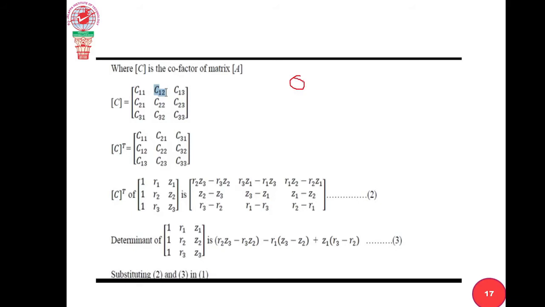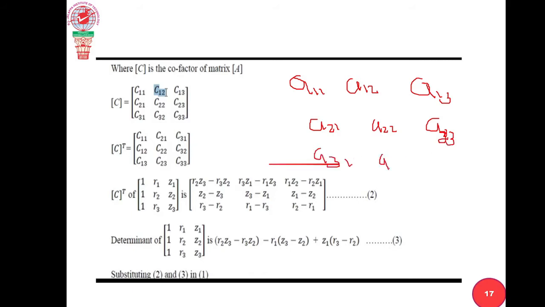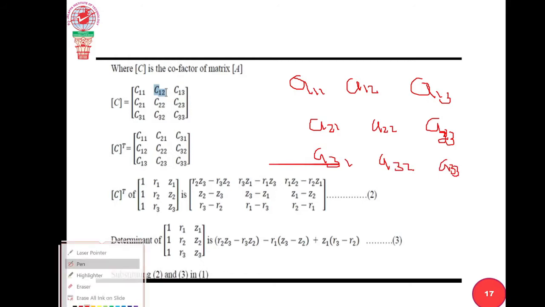In basics, like A11, A12, A13, A21, A22, A23, A31, A32, A33. These are the elements inside the matrix. Correct?